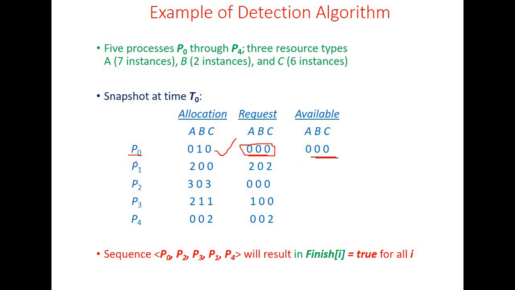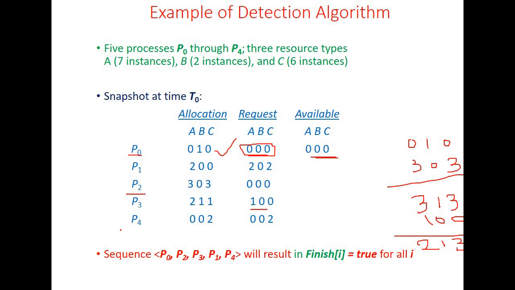When P0 completes, it will release its resources. So now the available resources will become 000 plus 010, that becomes 010. Now P2 will start its execution. It releases 303. So when P2 completes, 313 are the available resources in hand. Then P3 will take one resource from A, start its execution, and complete.